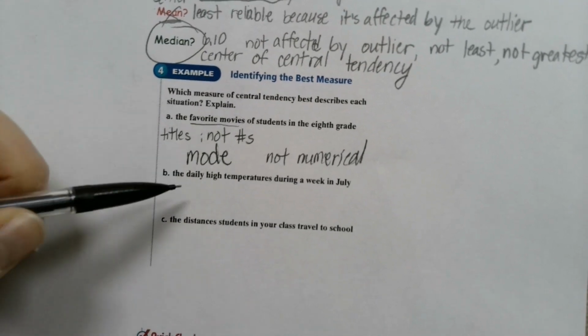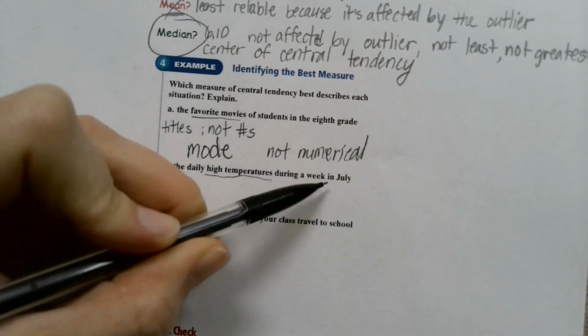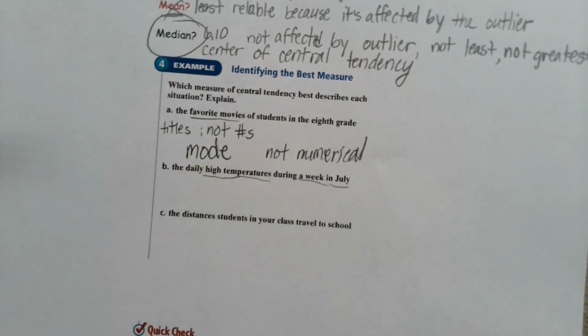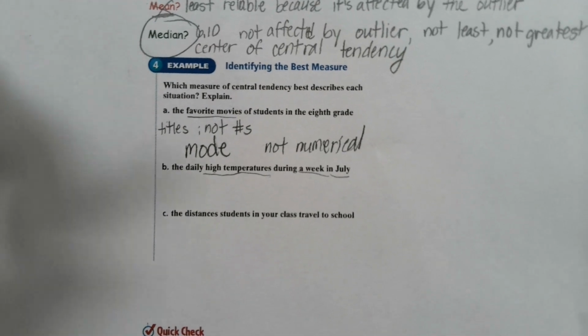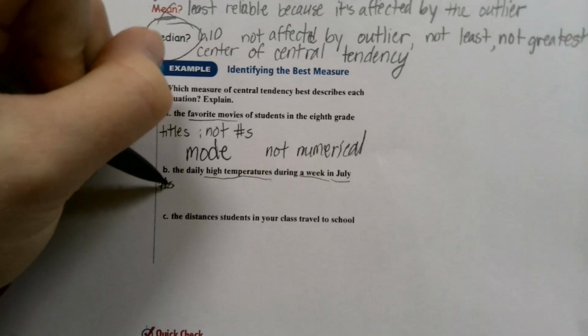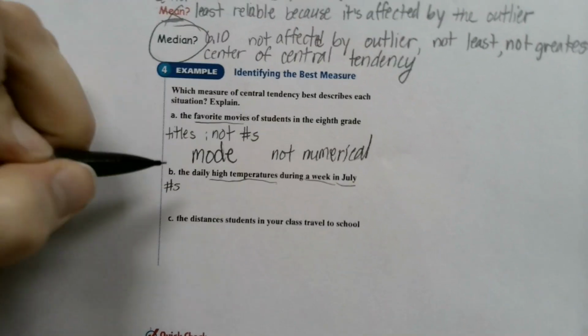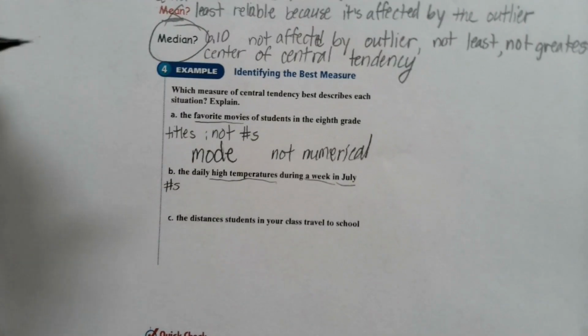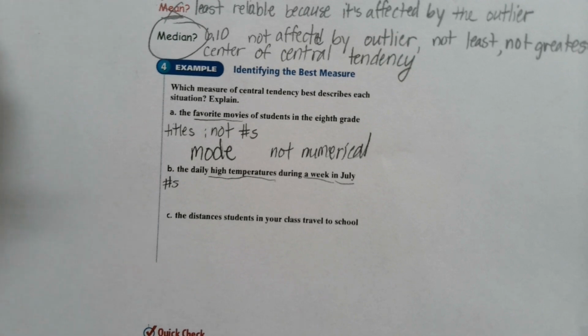When we're looking at the daily high temperatures during a week in July, this time they are going to be numbers, so it could be any of them. And we want to know, what is that central tendency? Well, in July, temperature can fluctuate, and it's going to be super hot near the end of July.